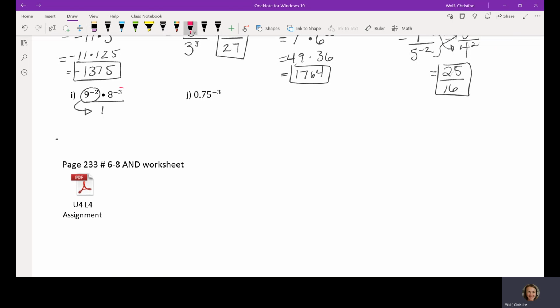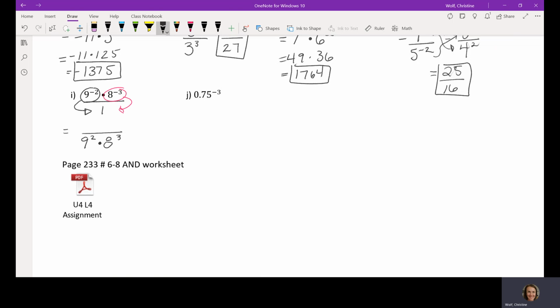We also know that the 8 has been bad and he needs to be sent down. So if we rewrite this as a fraction, we now have the 9 down low, but the 2 is now positive. And then we also have the 8 down low, but that 3 is positive.